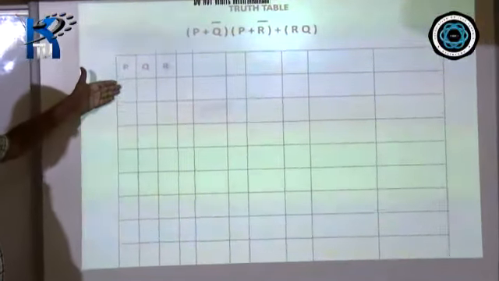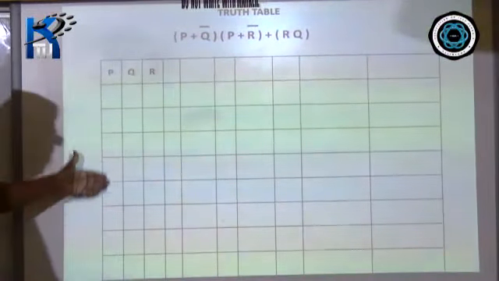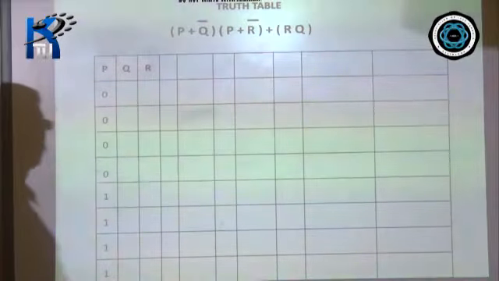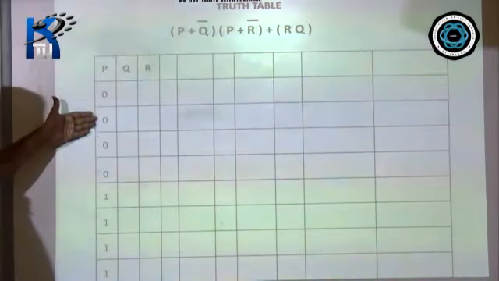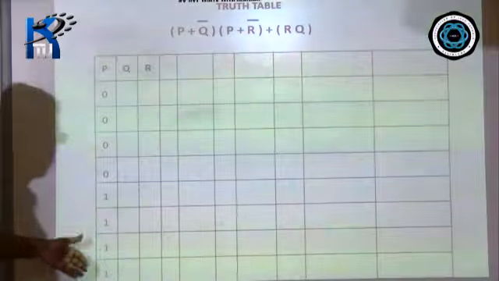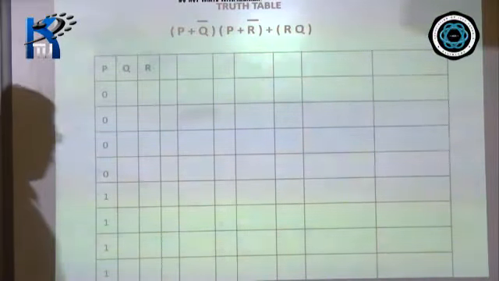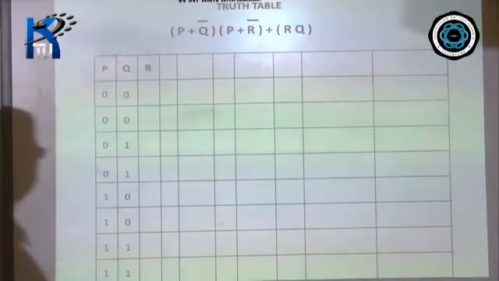Now remember, for the leftmost literal, half of the combinations will be 0 and half will be 1. Because we have 8, half of 8 is 4 zeros and 4 ones. So P has 0, 0, 0, 0, then 1, 1, 1, 1. Q will have half of this: 2 zeros, 2 ones, 2 zeros, 2 ones.